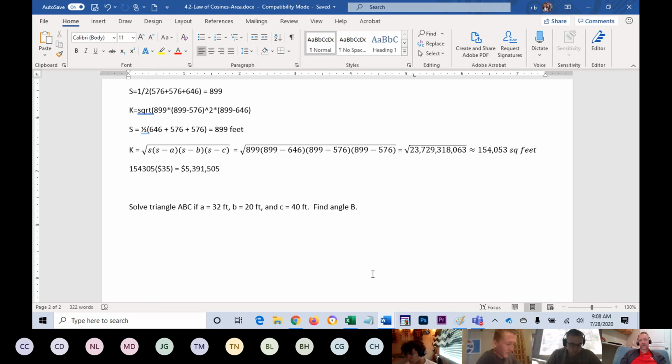So we'll say c squared equals a squared plus b squared minus 2ab cosine of c. Okay. Then what?